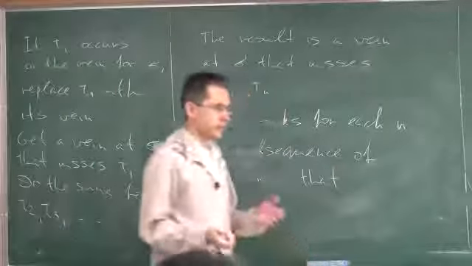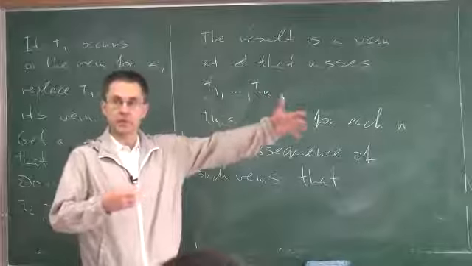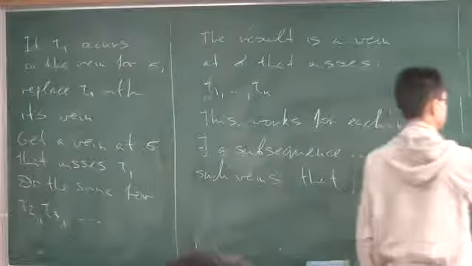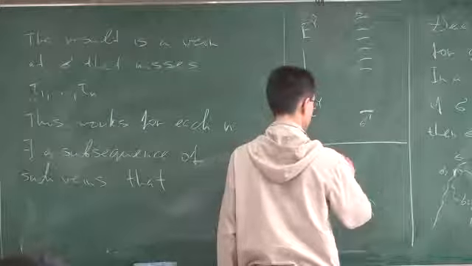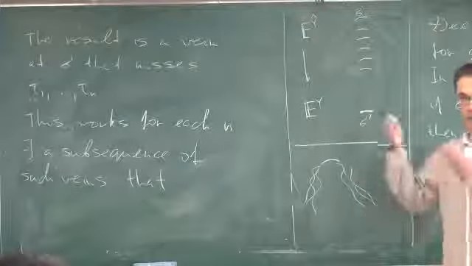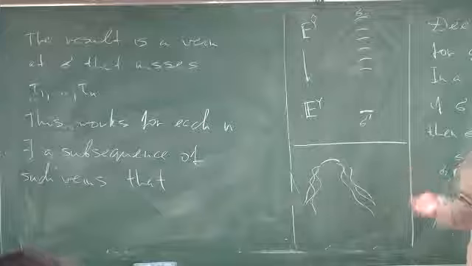That just means at each edge it stabilizes after some point. So what's roughly the idea? You have one vein, you have another vein, you have many veins here. For each number n, you have a vein. And you want to take a limit.